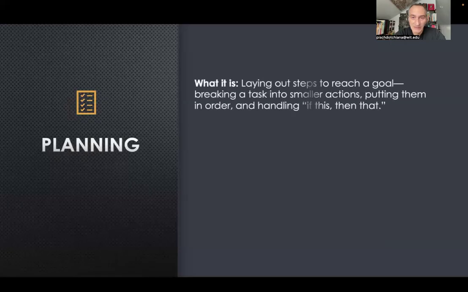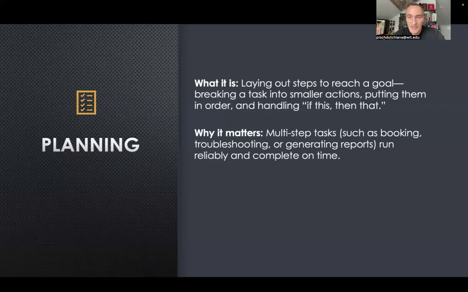Planning. Well, what it is, it's laying out steps to reach a goal, breaking a task into smaller actions, putting them in order, and handling if this, then that. So you would see a lot of if-elses in the code. If it's late, do this. If the item is broken, do that. Why it matters?